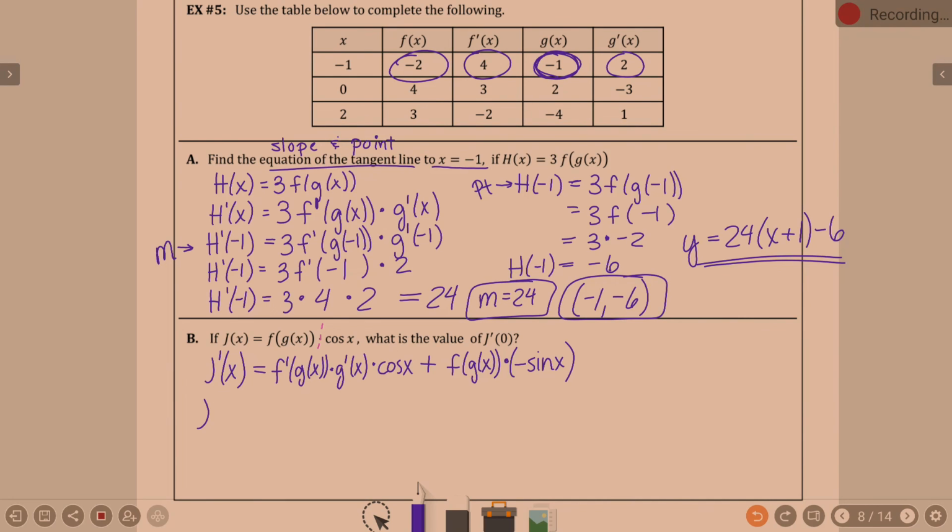J prime of 0: f prime of g of 0 times g prime of 0 times cosine of 0, plus f of g of 0 times negative sine of 0.